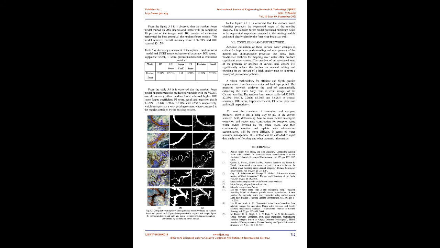Results and discussion. Several random forest model implementations were carried out in order to select the user-defined parameters for the random forest classifier that outperformed other models. The random forest parameters were set to various numbers of estimators such as 10, 30, 50, 70, 100, and 150 across various train and test splits for this implementation. The input satellite image segmentation has been performed with the random forest algorithm with various parameters, and the effectiveness of the segmentation is analyzed by the measures accuracy and intersection over union, IOU, score, as depicted in table 5.1.